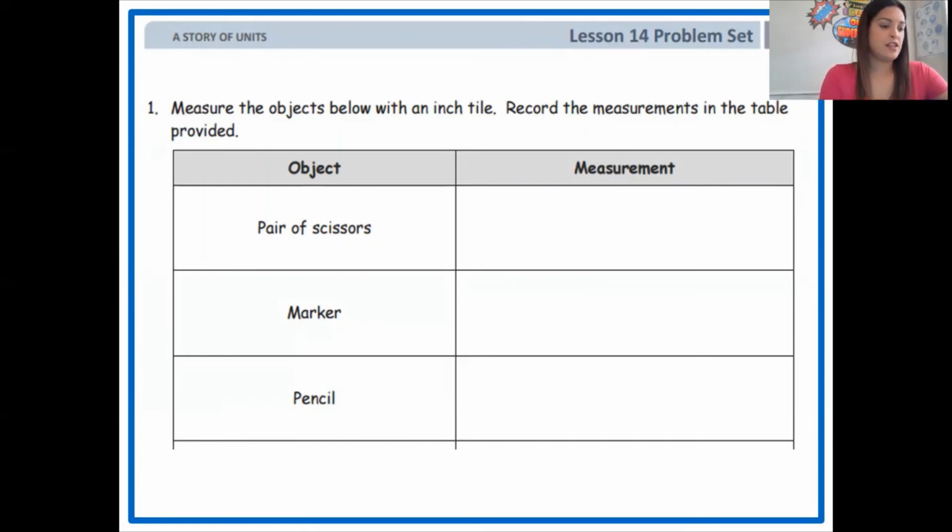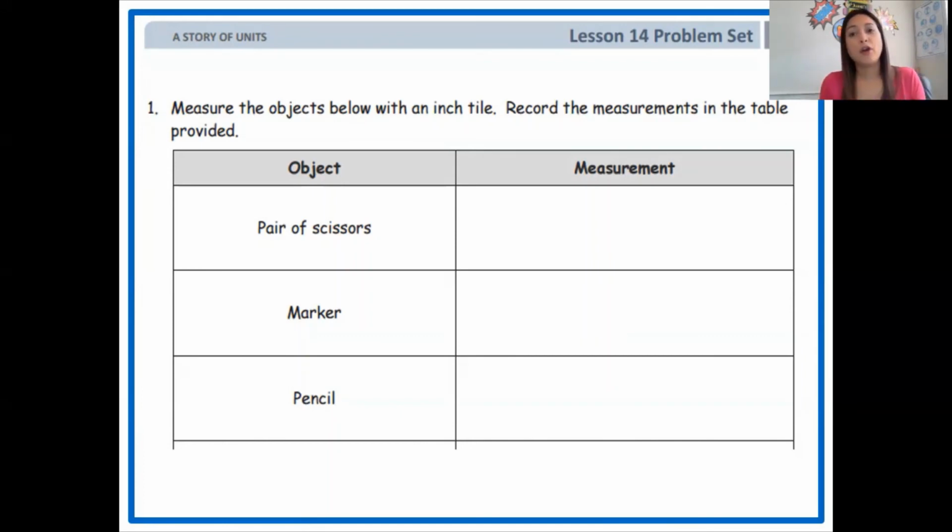Hopefully you have scissors. And you can use that as an inch tile. And then what we're going to do is do our mark and move forward. So we'd start here. Obviously you do it on the paper and then you mark and move forward, mark and move forward to see how many inch tiles the scissors are.